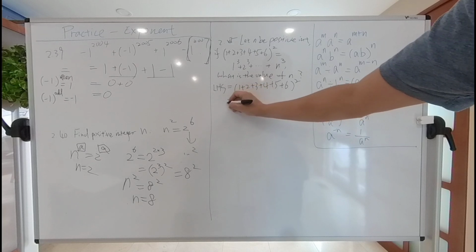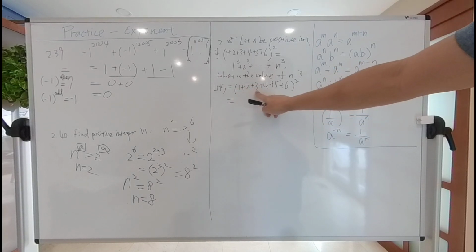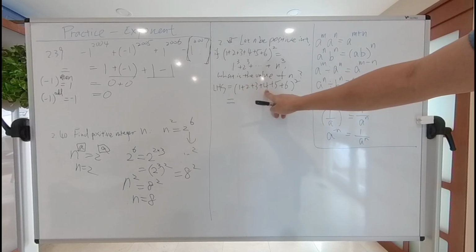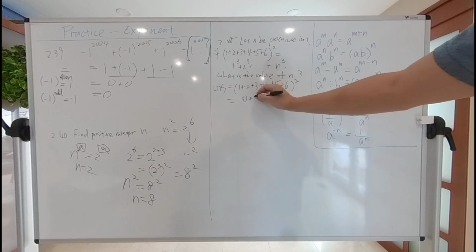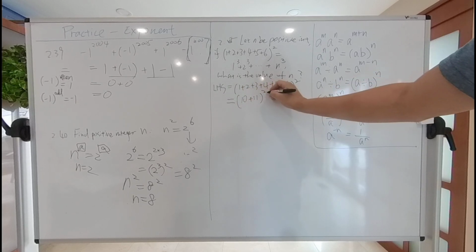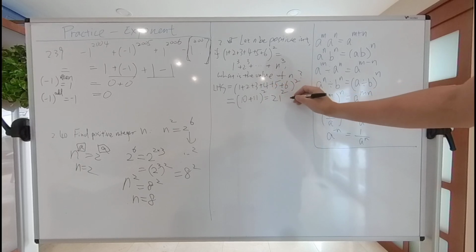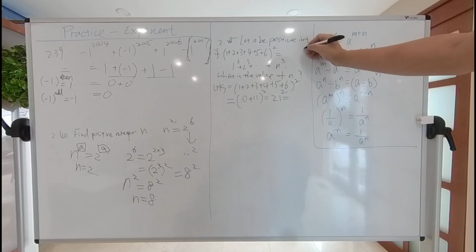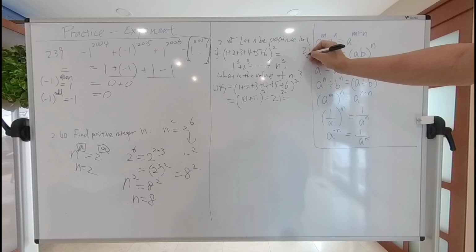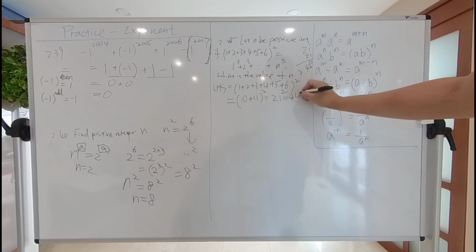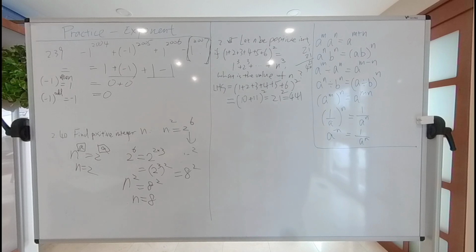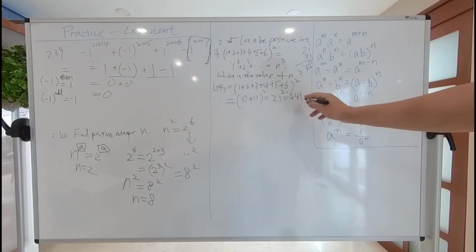So on the left-hand side, this is 1 plus 2 plus 3 is 6, plus 4 is 10, plus 5 plus 6 is 21. So it's 21 squared. I probably don't have a calculator, so 21 squared is 441. Right, so this is my left-hand side. So my left-hand side is equal to 441.